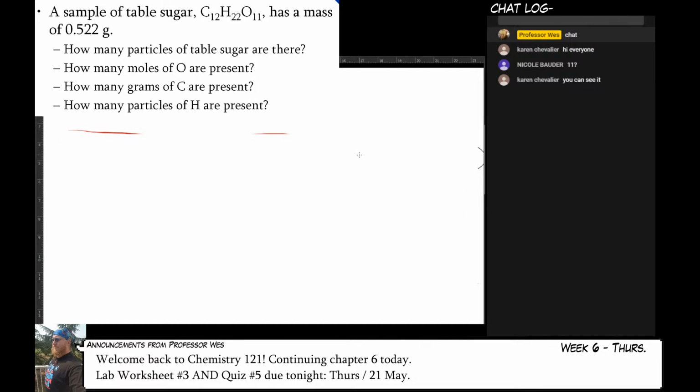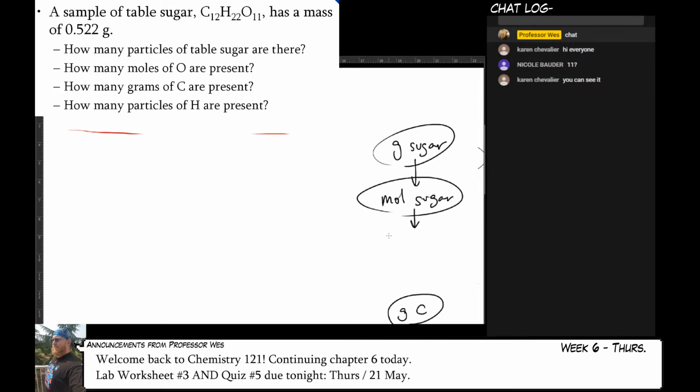Alright, so for the third problem here, I want grams of carbon. So I have grams of sugar, or mass of sugar. I was writing mass before. Now I have grams. That's fine. And I want to figure out grams of carbon. Now for this problem, I still got to turn this into moles.